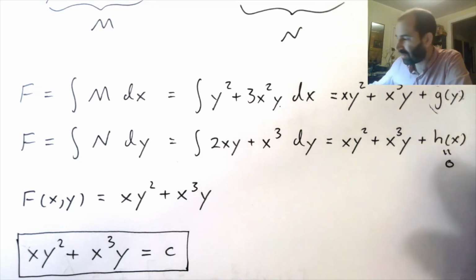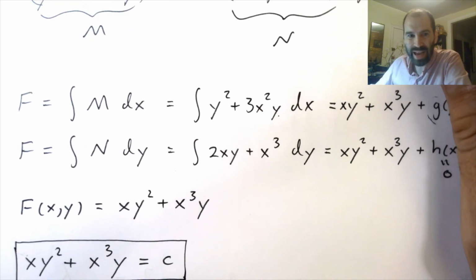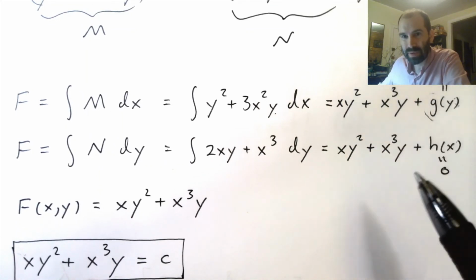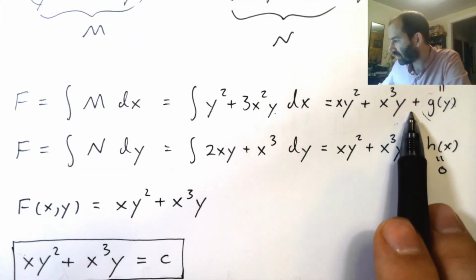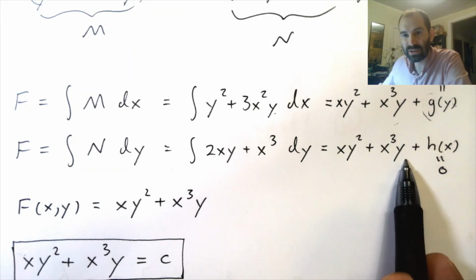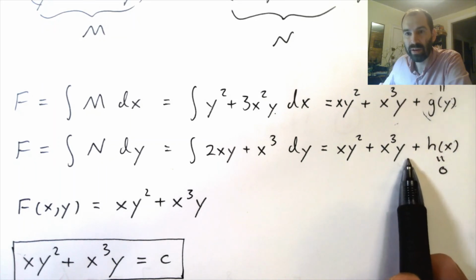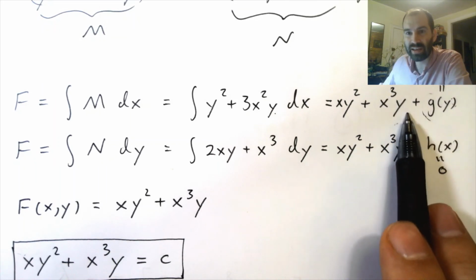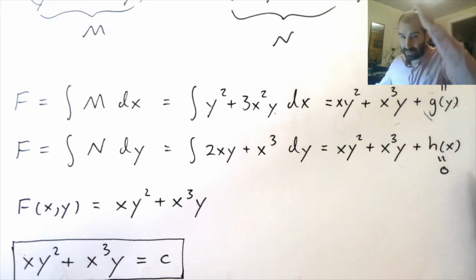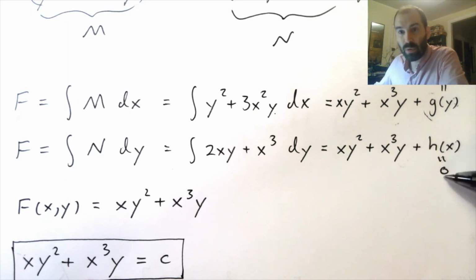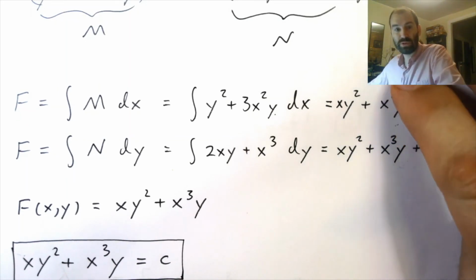Well, you're not always going to set them equal to 0, because sometimes, and we'll probably look at an example, you will get an expression of x up here, and you'll get an expression of y down here. This g is needed to take account of that y, and this h is needed to take account of that x, or those x's if you've got some more complicated stuff. All right, so these are important. They won't always be set equal to 0, and we'll see that in some future examples.